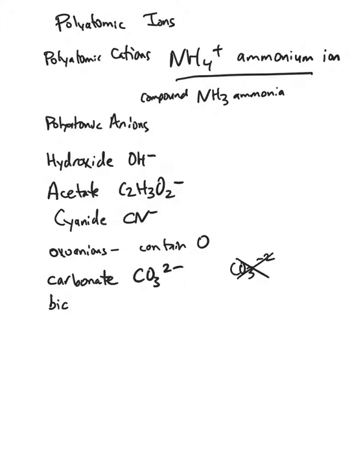It's got a first cousin that's called bicarbonate. That's HCO3 minus. So the carbonate CO3 2 minus and bicarbonate HCO3 minus. You may have heard of Na2CO3, sodium carbonate, and NaHCO3, sodium bicarbonate.